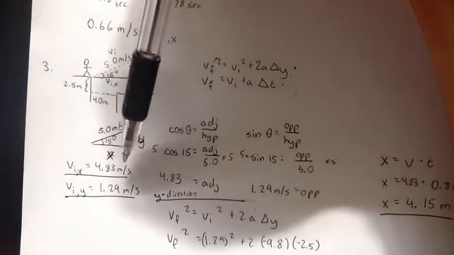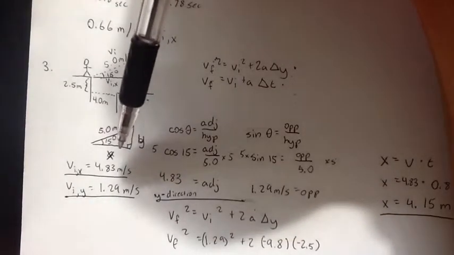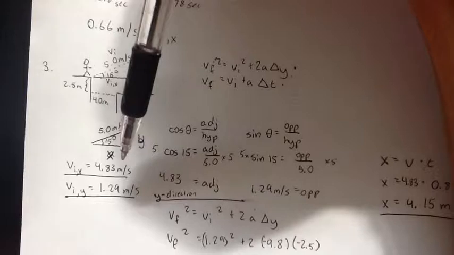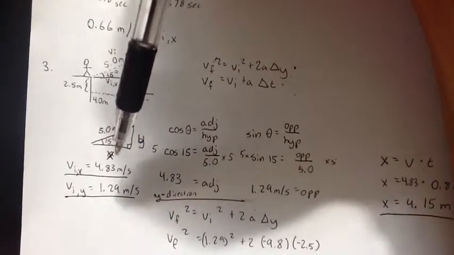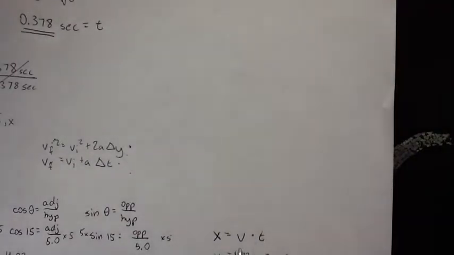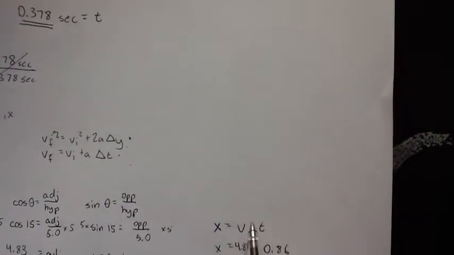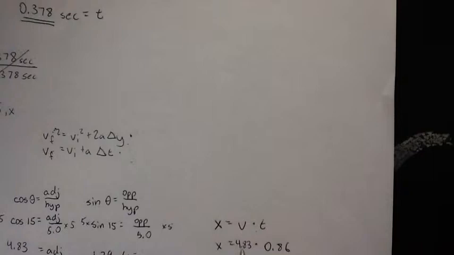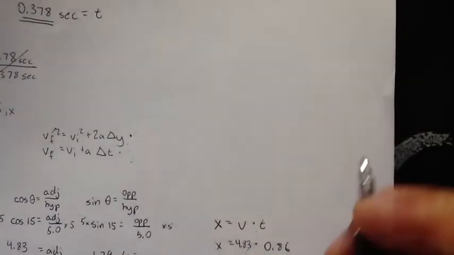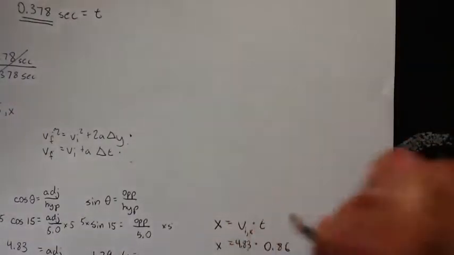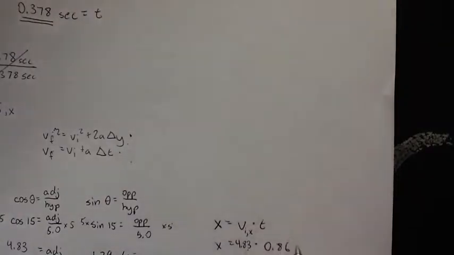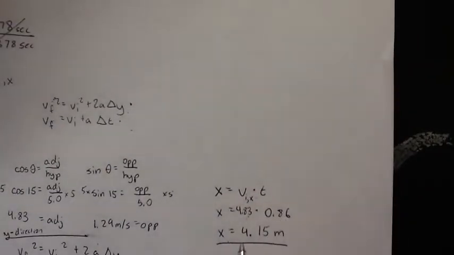So I'm going to use the very simple equation that the change in position equals my velocity times the change in time, which would be x equals v times t. V, in this case, is 4.83 meters per second, the initial velocity in the x direction. The time he was in the air was 0.86 seconds. Multiplying those two together gives me 4.15 meters.